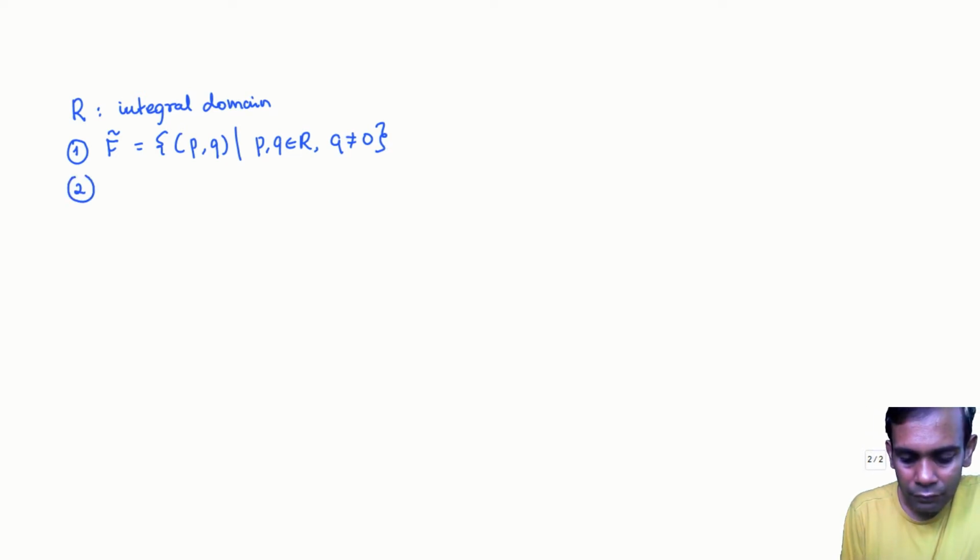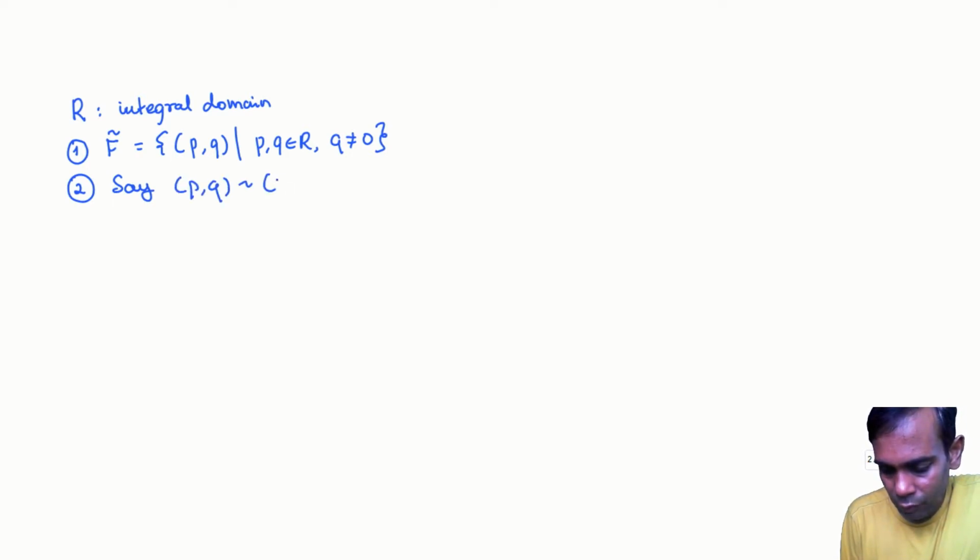Then let's define the equivalence relation. We'll say that (p, q) is equivalent to (r, s) if ps is equal to qr.